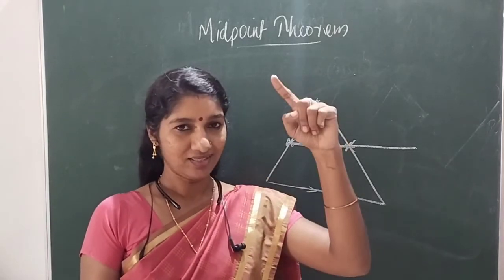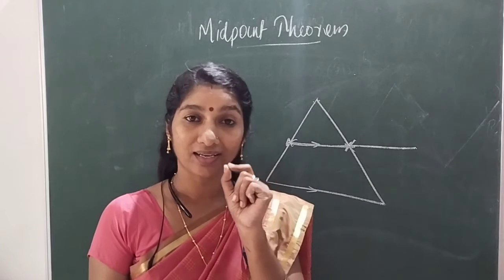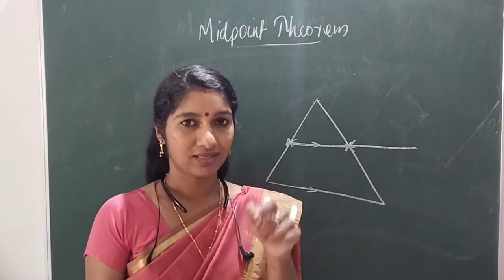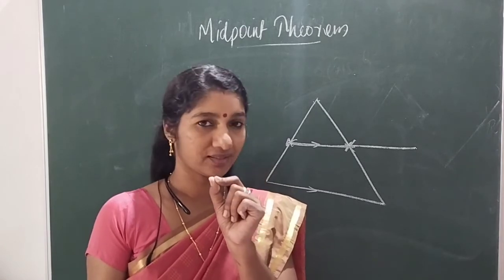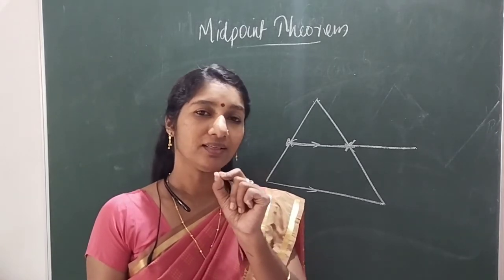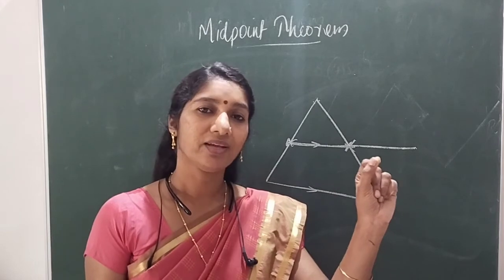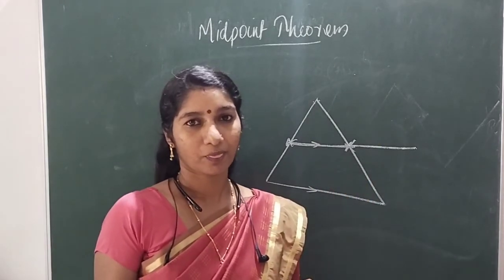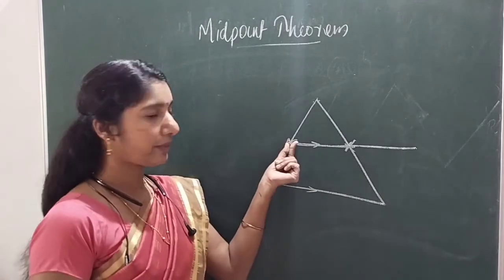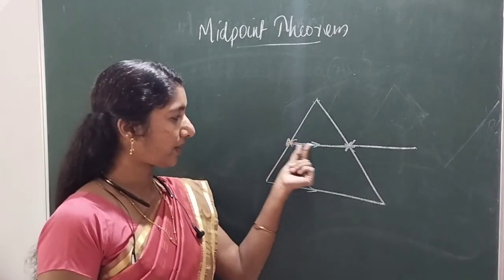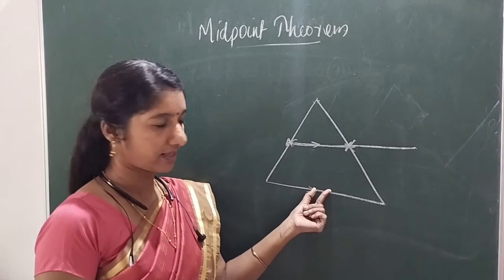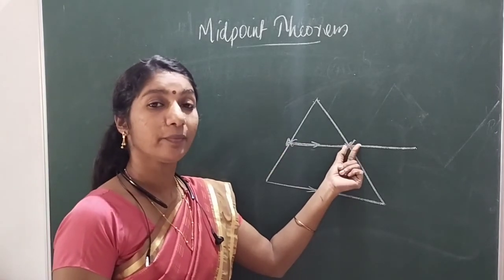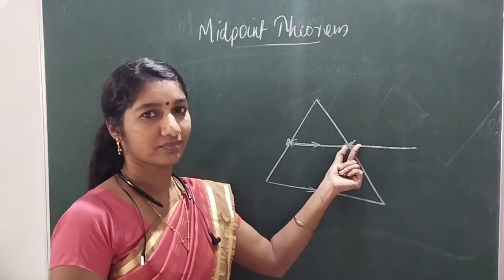That is the converse. In a triangle, draw a line parallel to one side of the triangle from the midpoint of another side. Then that parallel line will pass through the midpoint of the third side. Clear?